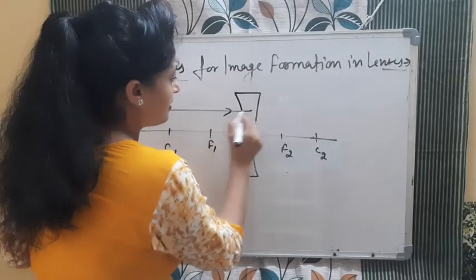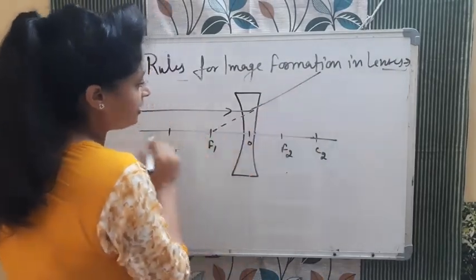In case of the concave lens, now see one thing. This is optical center. So this one is focus F1, this is C1, this is focus F2, and this is C2. In this case it always diverges. So if the ray is coming parallel, it will diverge in the direction of the focus.